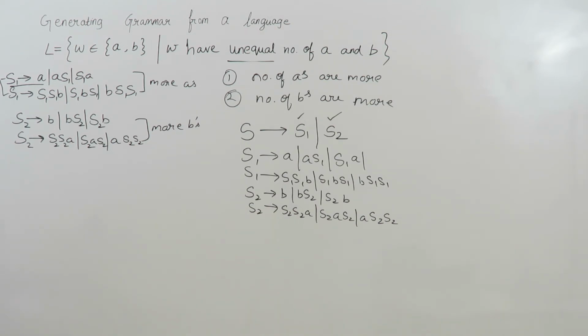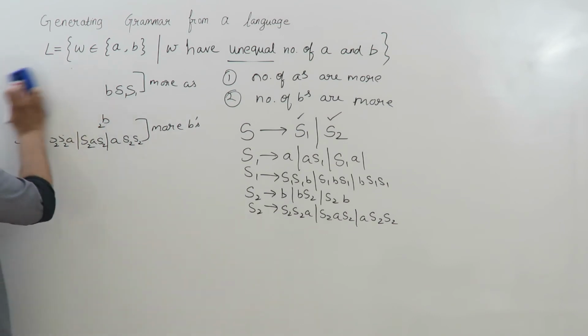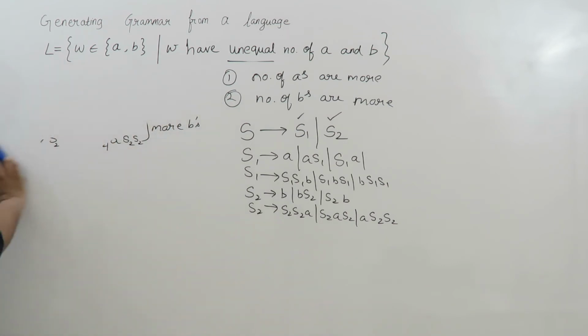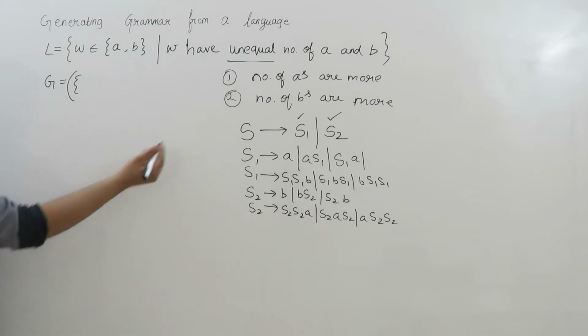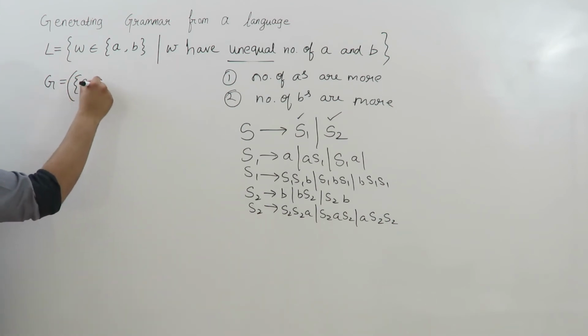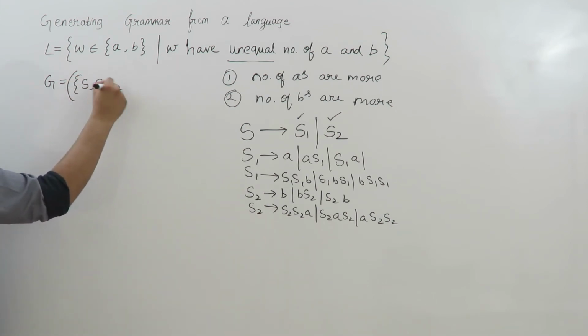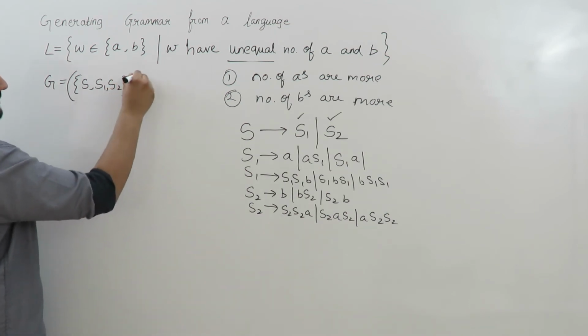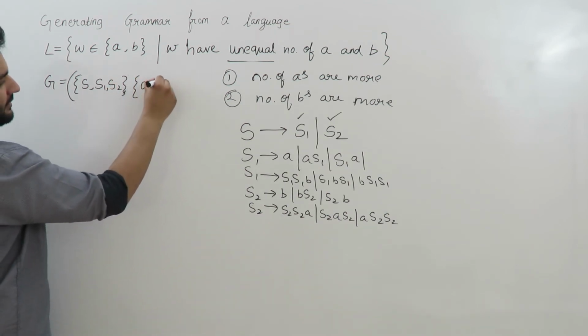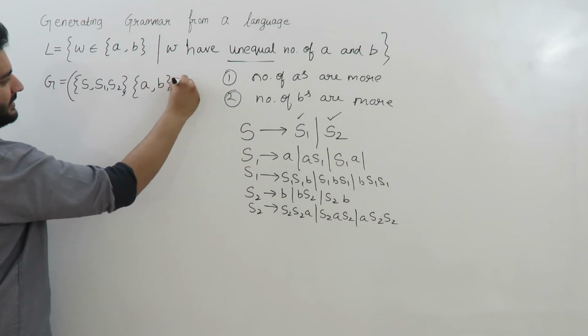Now you have to generate the grammar also. How to generate the grammar? Just write the production rules in the form of the definition of grammar, that is N, T, S, P. Grammar is: non-terminals are S, S1, S2 only. Terminals are A, B. Start symbol is the main one.